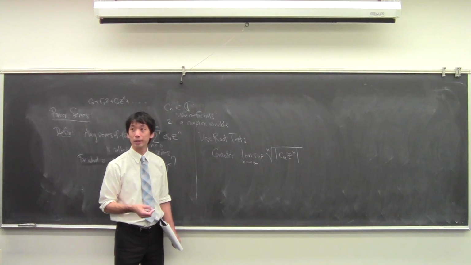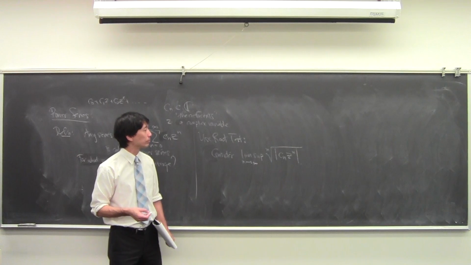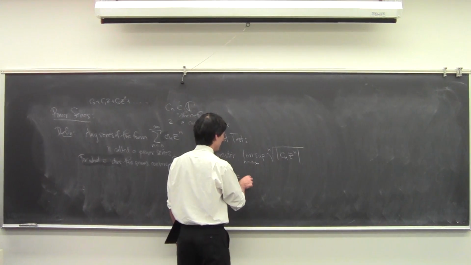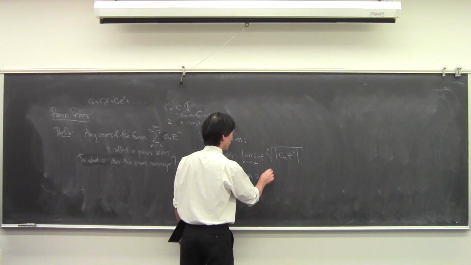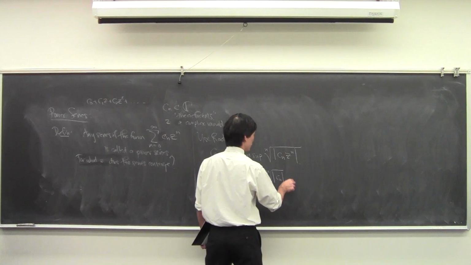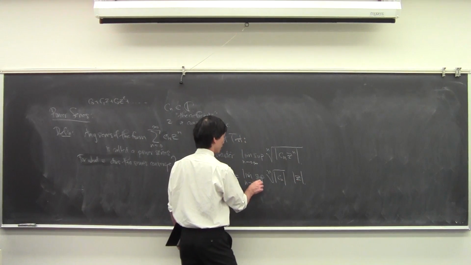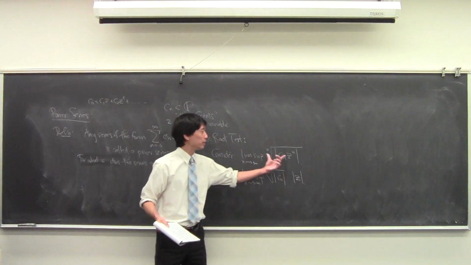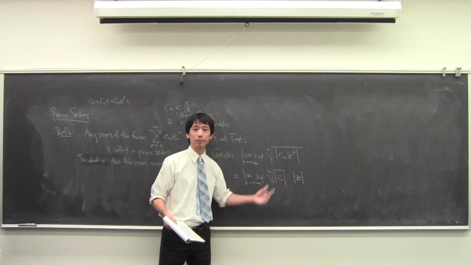We should look at this limit. Well, what is that? That's the lim sup of, I'm just going to split it up here, this times the modulus of z as n goes to infinity. So I'm going to split this thing into the nth root of the first term times the nth root of the second term.